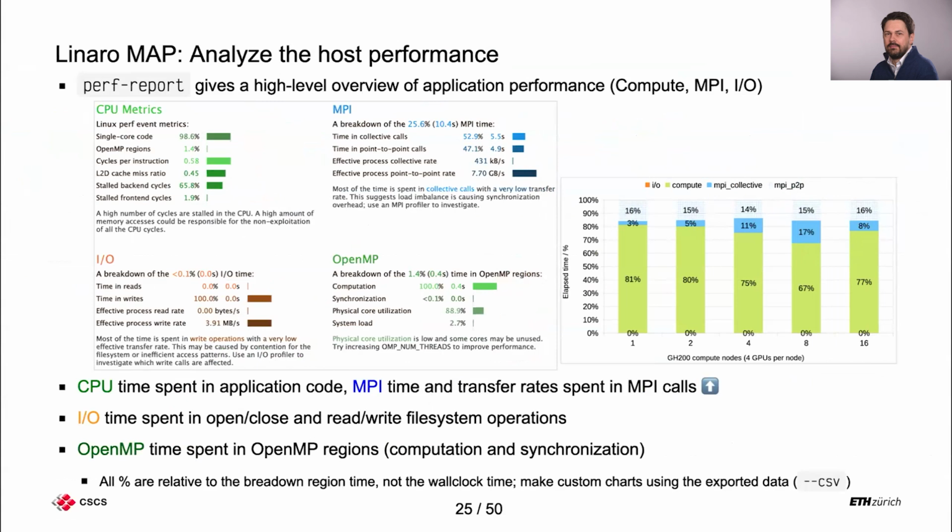If you go into the perf report, you will see that it gives you information about how much time you spend doing computation, how much time doing communication, I/O if you're doing I/O, and OpenMP, which is also computation, but it's sometimes nice to know what's happening on the OpenMP side. And then if you want, you can also use the data to make your own chart, which I did here.